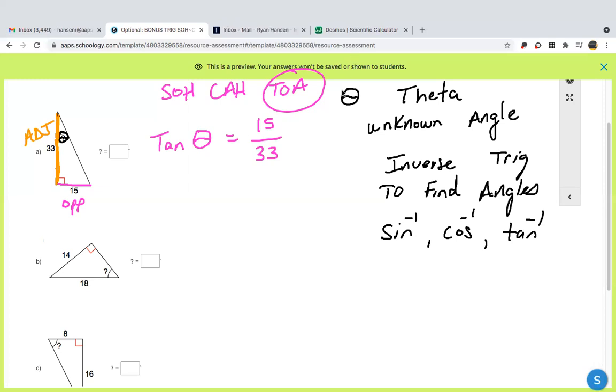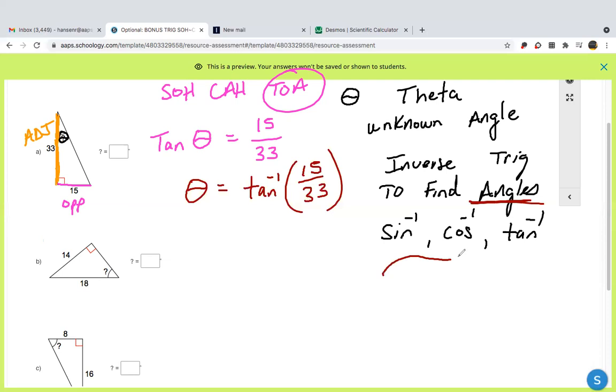So how you put this in your calculator, my friends, is as follows. To get the angle, you take the inverse tangent function of 15 on top, 33 on the bottom, right? So you have to have that written down or memorized. To find angles, you use these inverse functions.